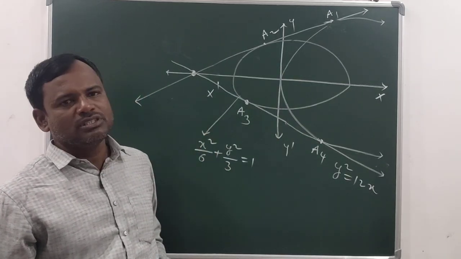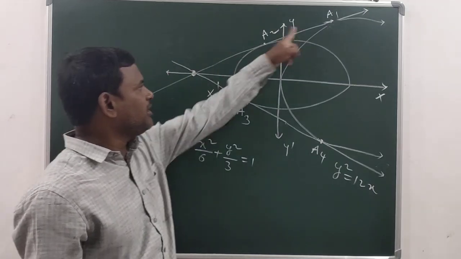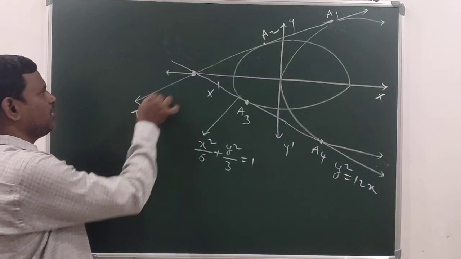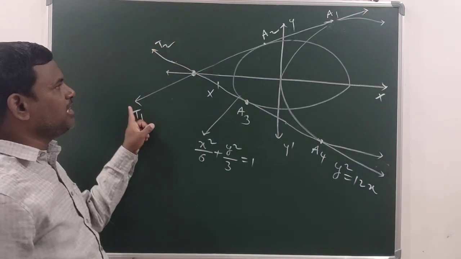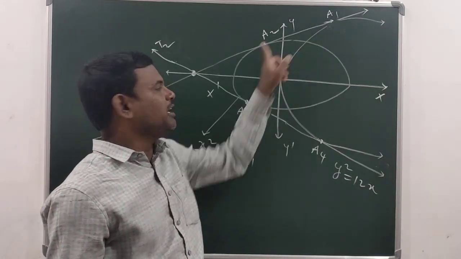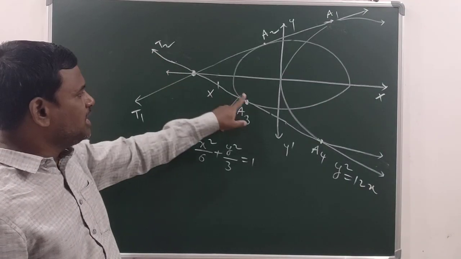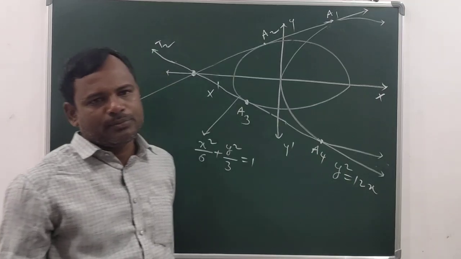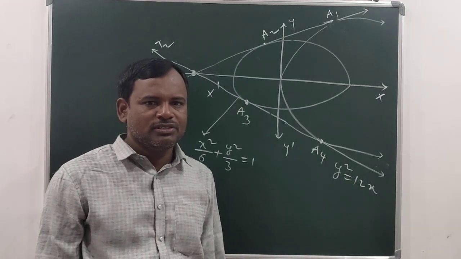For these two curves, they have drawn two common tangents, T1 and T2. T1 is touching the ellipse and parabola at A1 and A2, and T2 is touching the ellipse at A3 and the parabola at A4. And they generated two questions.